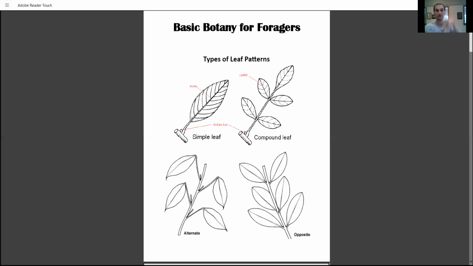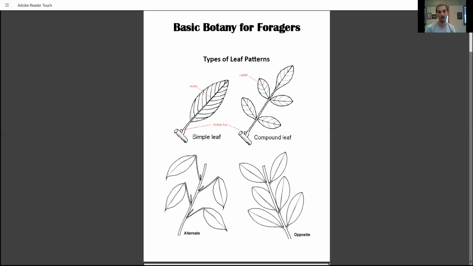coming off of it. A compound leaf, on the other hand, as we see, looks like it might be multiple leaves all coming off of a branch. But instead of distinguishing each of them as individual leaves, we call them leaflets. And the reason that we make that distinction is because we can see the auxiliary bud is still in the same place.